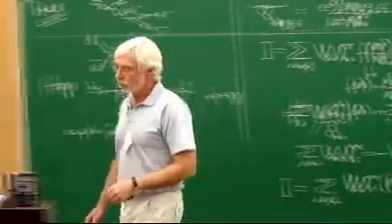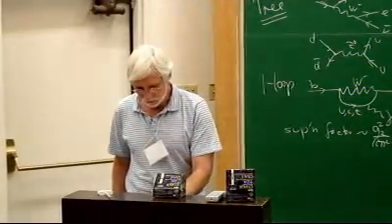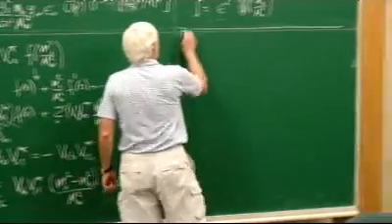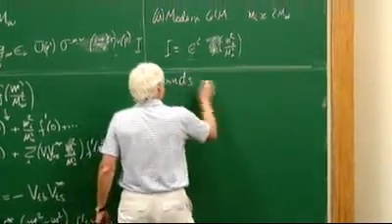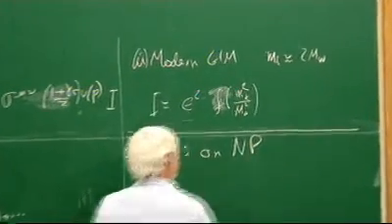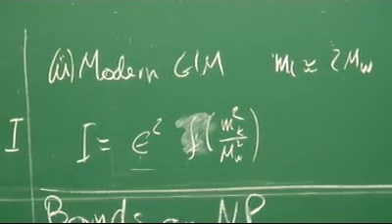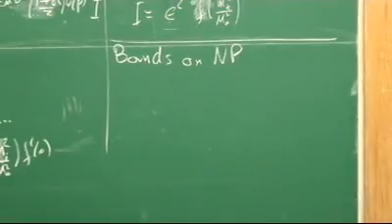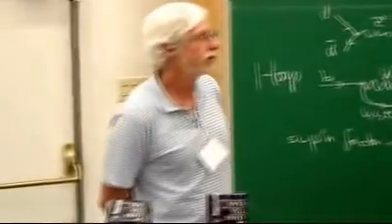Okay, so let me see how we can use this in the context of putting bounds on new physics. What I'm going to do is model the new physics by adding to the Lagrangian a dimension 5 operator, which can produce b to s gamma.